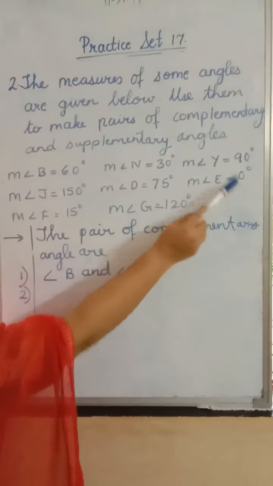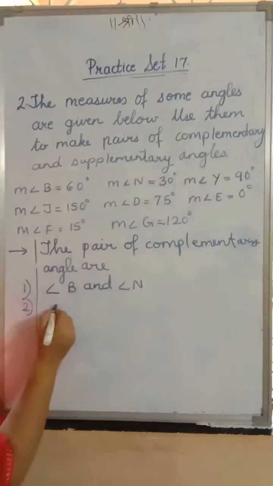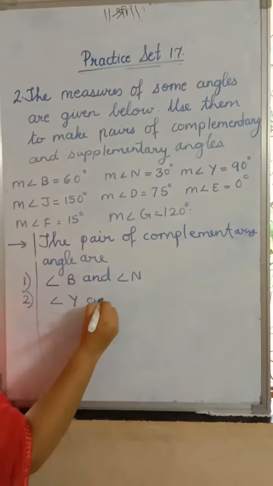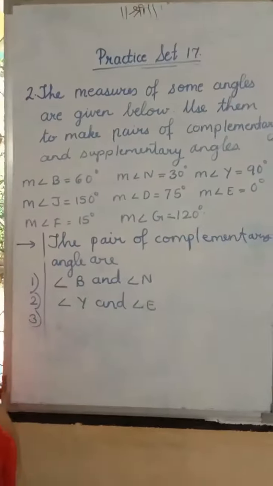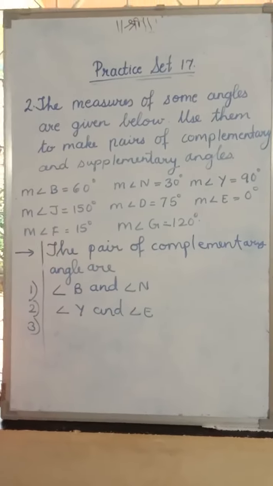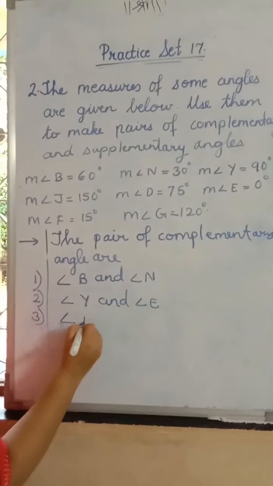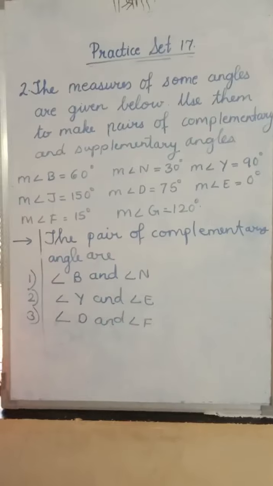Here 90 plus 0 will give us 90 degrees. So which is that pair? Angle Y and angle E. One more pair. What is that? See, 75 plus 15 is 90. So what is that pair? Angle D and angle F. Okay, so write down this answer.